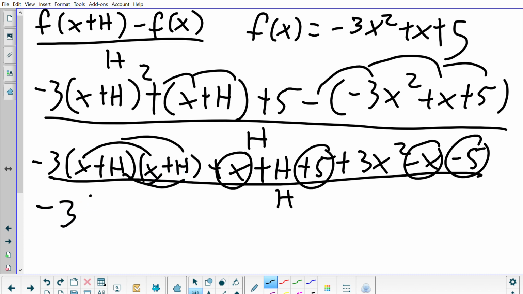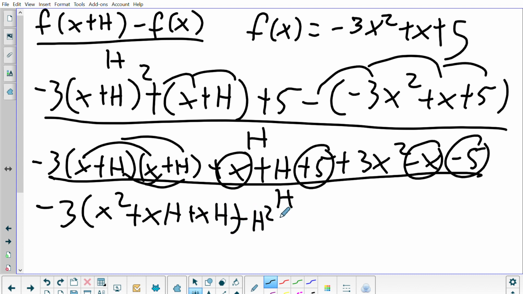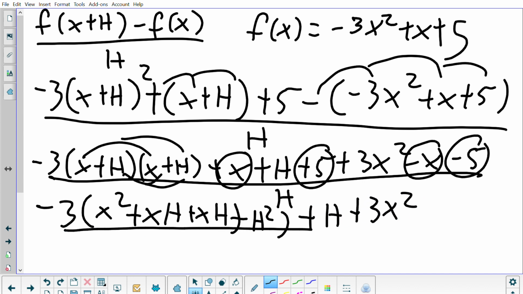So I'm left with x squared plus xh plus xh plus h squared plus h plus 3x squared. That's all over h still.